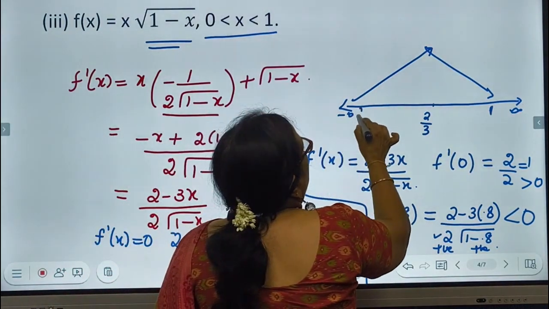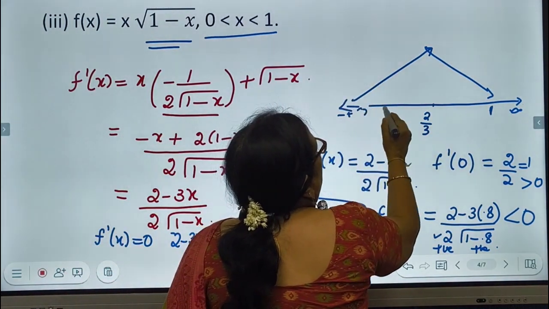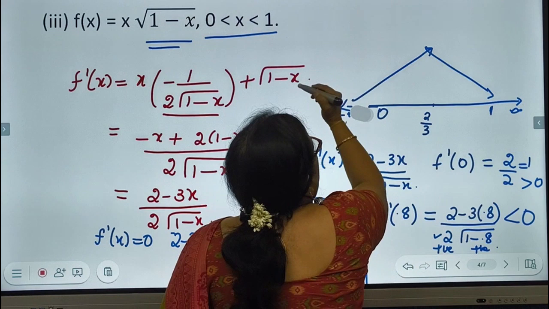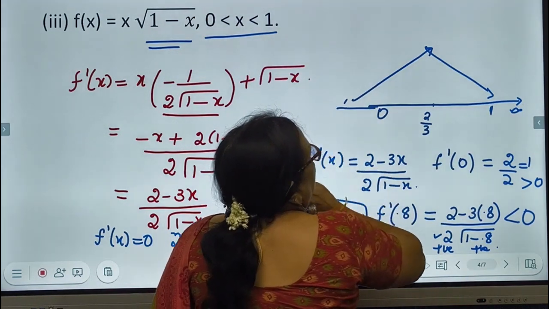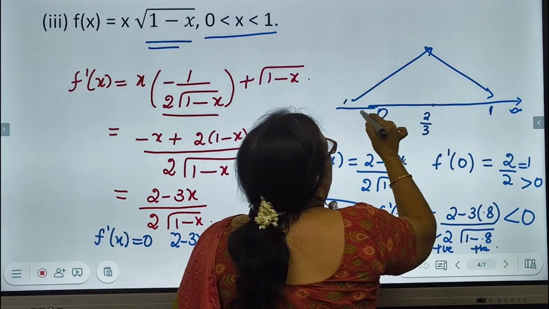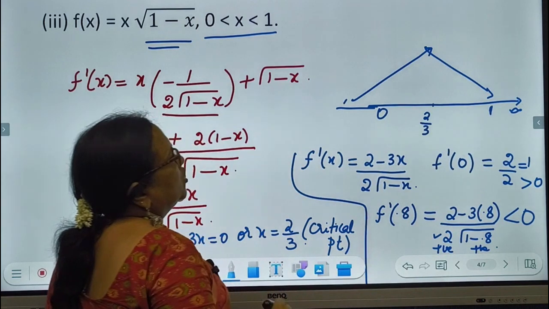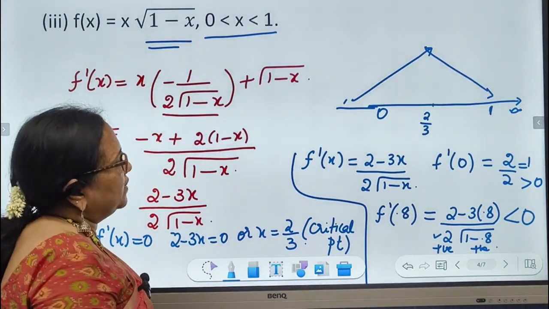So if I take 0 less than x less than 1, you can see that actually it is increasing and then decreasing. So what can I say about x equal to 2 by 3?